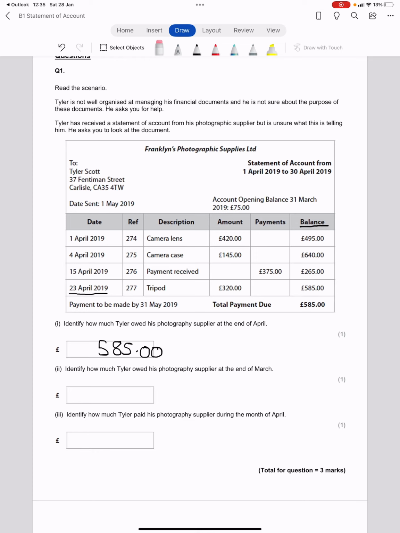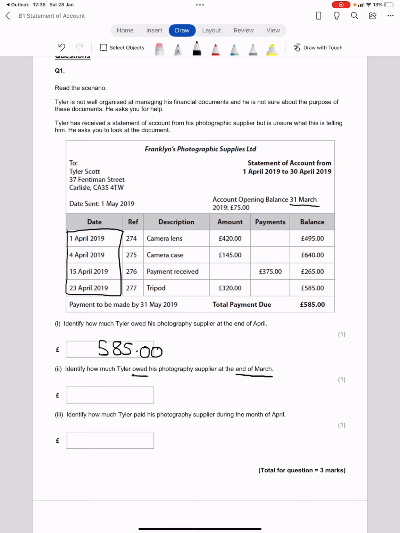Okay, let's move on to the second mark then. So if we go on to the second mark, we need to identify how much Tyler owed his photography supplier at the end of March, and we've got owed again. Now you can see that none of the dates in the date column are for March. So where do we want to look? Now you can see up here that we actually have March mentioned as an opening balance.